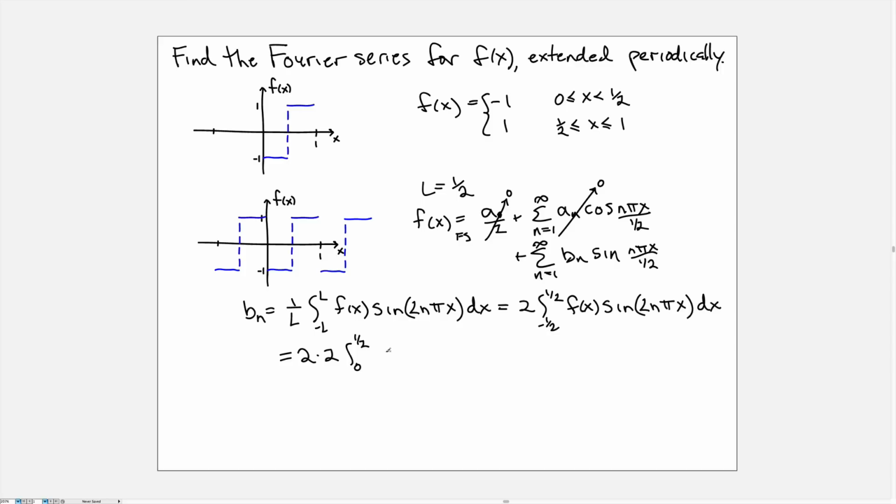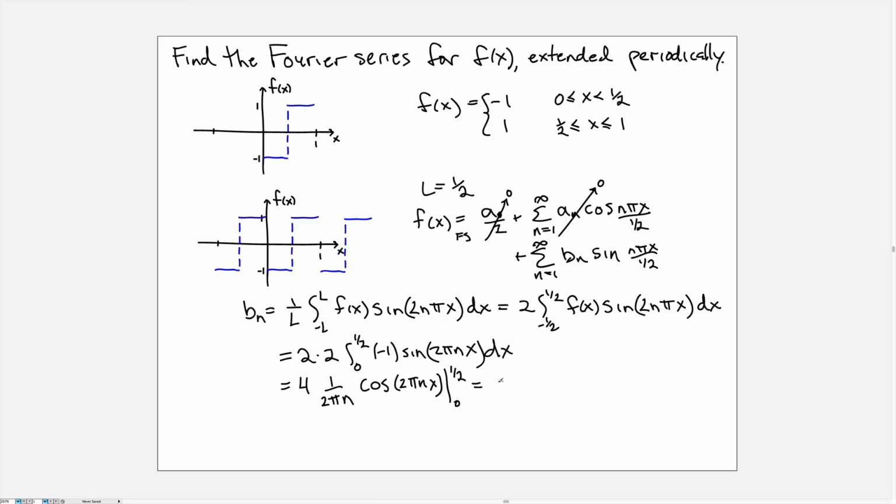So all I need is to put in minus 1 here times the sine of 2 pi n x dx. And that minus sign is convenient because the antiderivative of minus sine is cosine. So we get here 4 times the antiderivative of minus sine 2 pi nx, which is going to be 1 over 2 pi n multiplied by the cosine of 2 pi nx evaluated from 0 to 1/2.